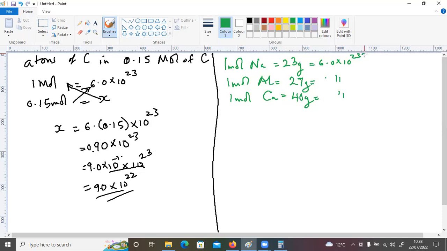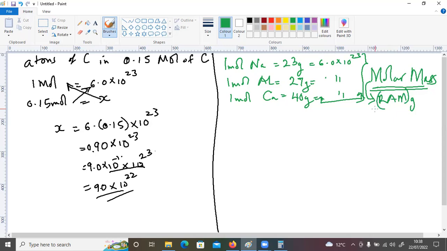The mass of atoms which contains the Avogadro's number of atoms is called the molar mass of a substance, which we said corresponds to the atom's relative atomic mass now in grams. Right.